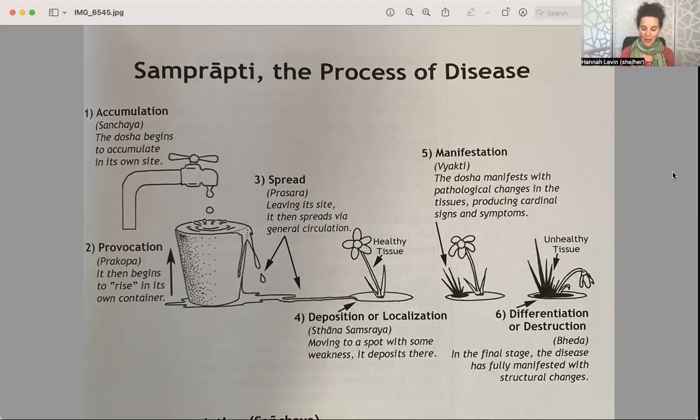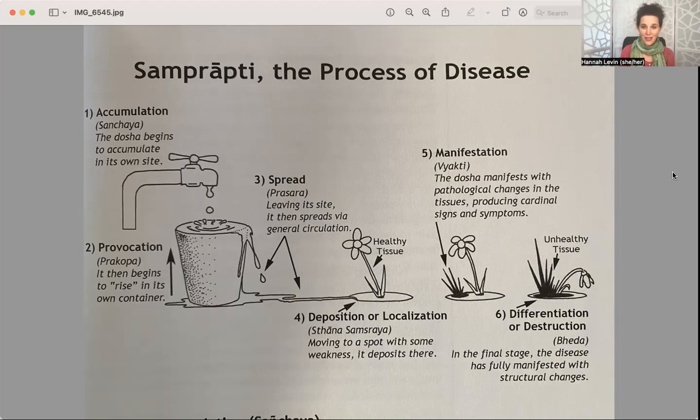Ideally, we want to balance with the wisdom of opposites. So that cold of vata, we want to bring in warmth, like just drinking hot tea more regularly can be really helpful. And for pitta, it might be doing cooling foods, or doing some meditation practices, some cooling to the mind.